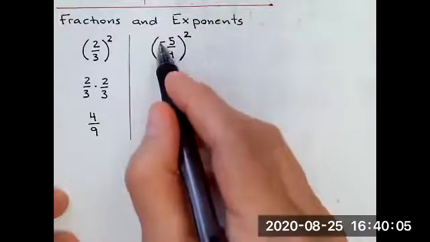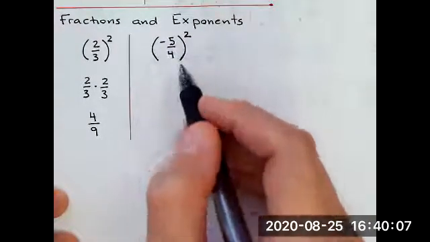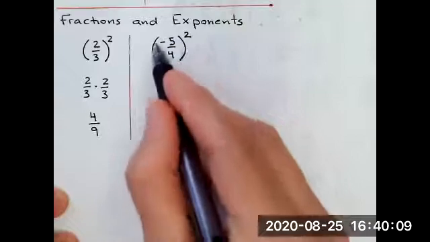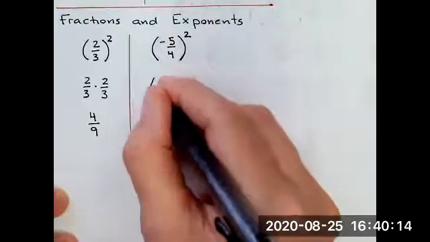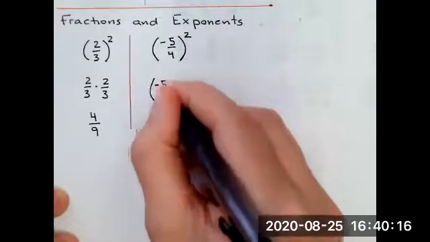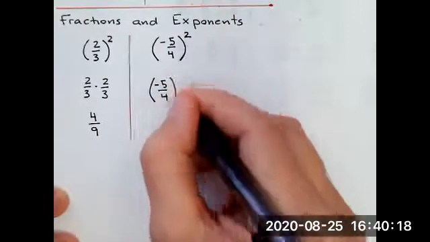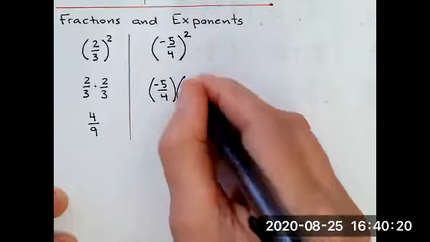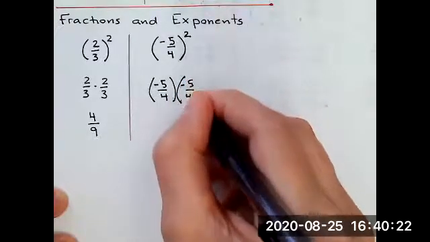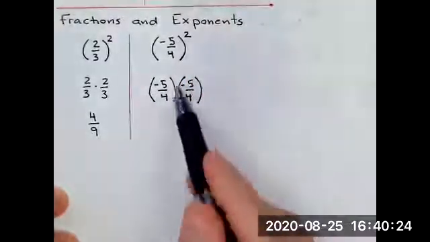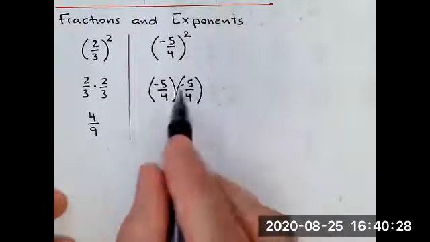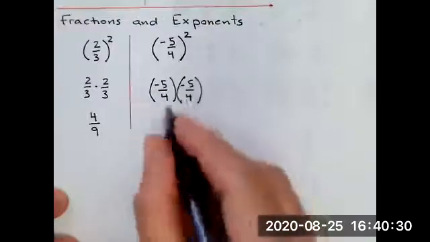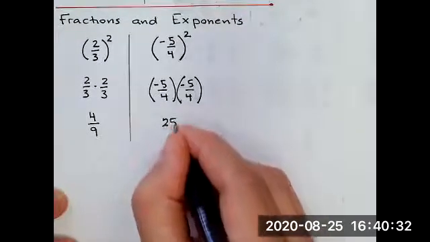What if we have negative 5/4 squared? Well, because the negative is inside the parentheses, the negative gets repeated. So negative 5/4 times negative 5/4. Negative times a negative is a positive.